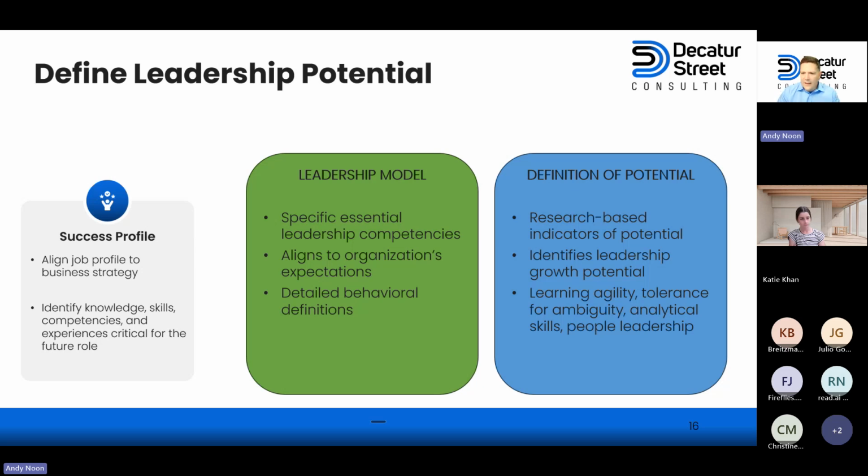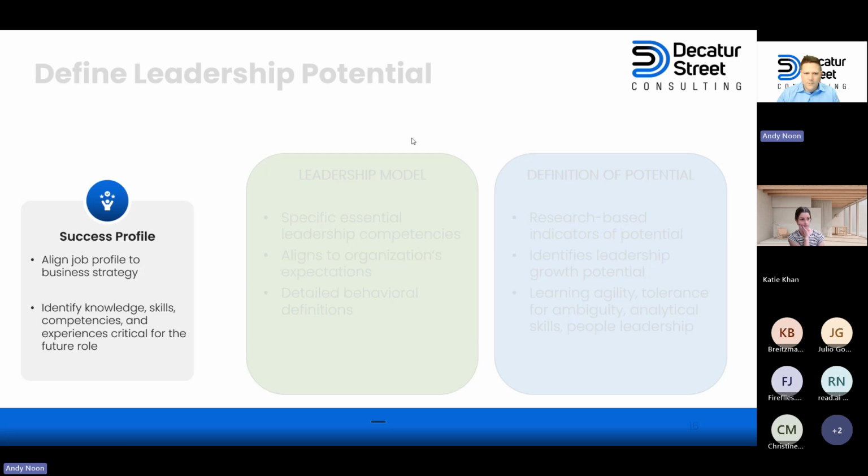It's really about identifying leadership growth potential, not necessarily current leadership ability. So things that we know about this, like learning agility, growth mindset, tolerance for ambiguity, strong analytical skills, strong people relationship capabilities. A lot of these things are also part of other leadership models, but it's really more about the individual's ability to be successful at the next level. So really a potential evaluation.